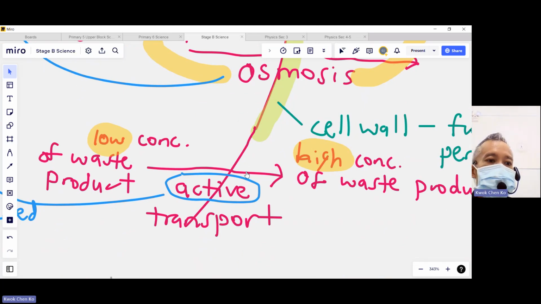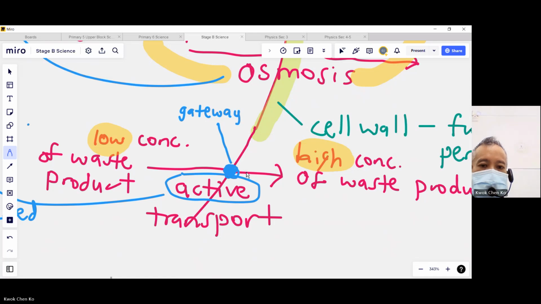You don't need to know what that something is, but you just need to know that something is there. There is something here that allows this thing to go through. This something, we shall just call it a gateway, that is specific to this waste product.